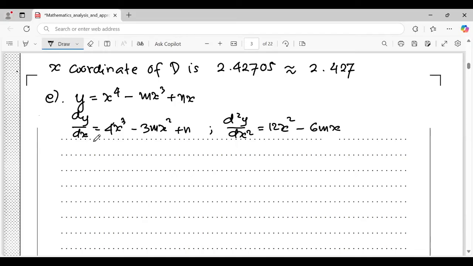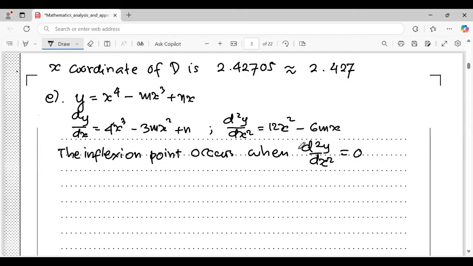An inflection point occurs when the second derivative equals 0. So it means 12x squared minus 6mx equals 0.